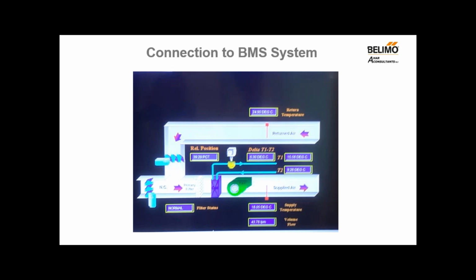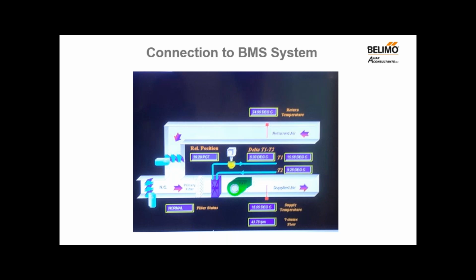This is the BMS screen showing the valve parameters: flow rate, supply and return temperatures, percentage valve opening, and cooling energy. From here, we know exactly how much chill water is passing through the cooling coil. It enables us to charge the use of cooling energy.